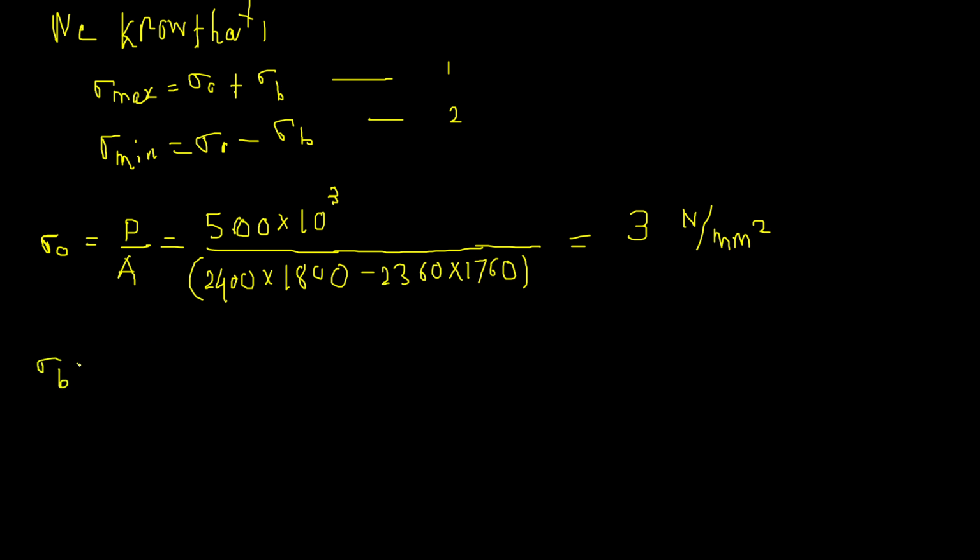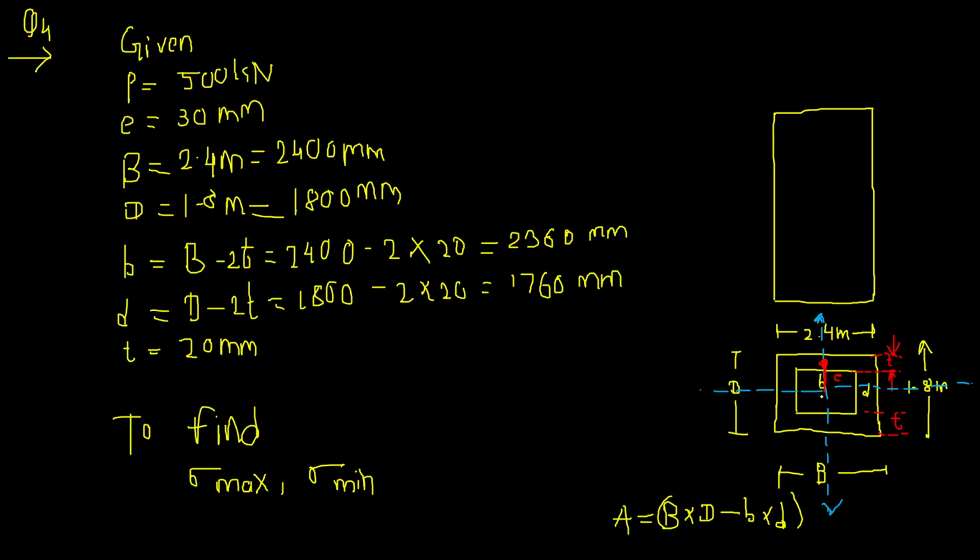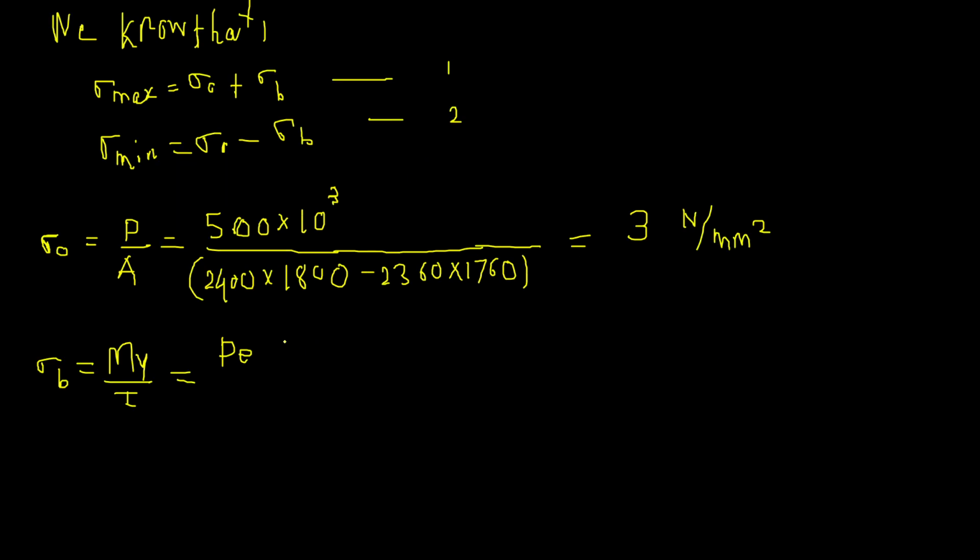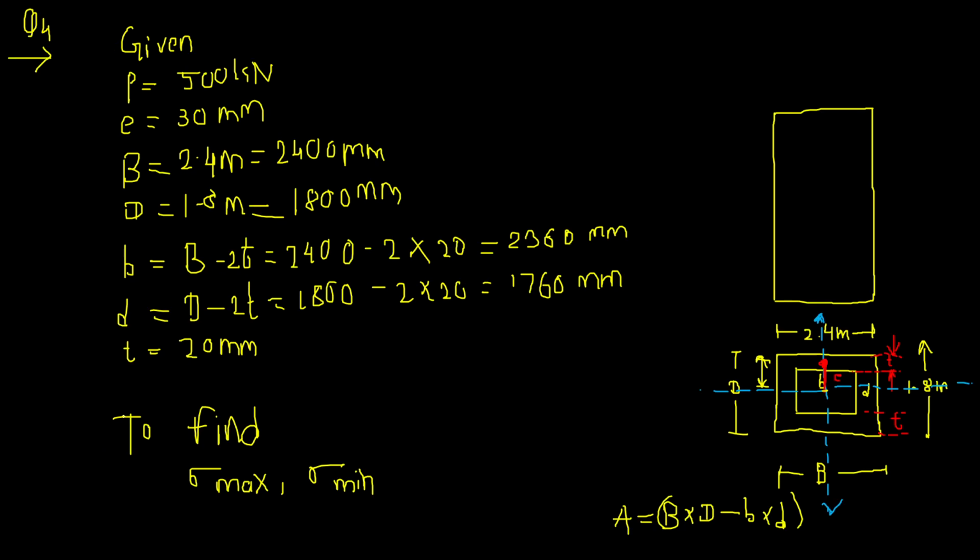Next is bending stress, M y divided by I. M means P into e. Now in this case, the y value will be capital D divided by 2, this distance. Now should we take Ixx or Iyy?